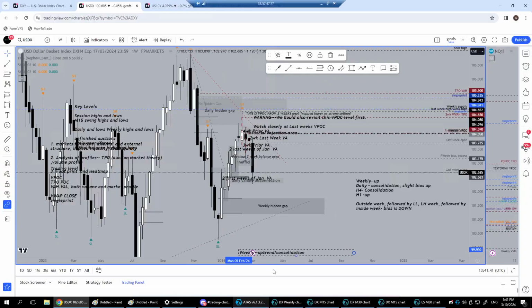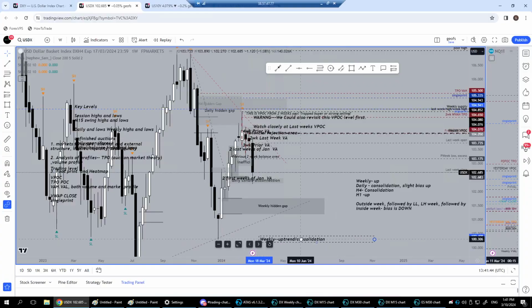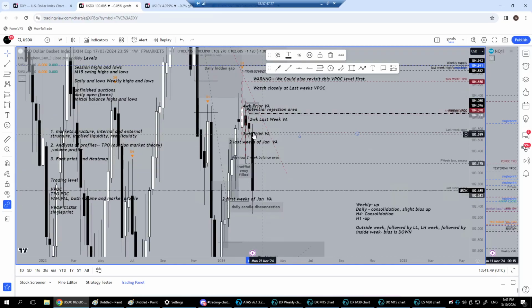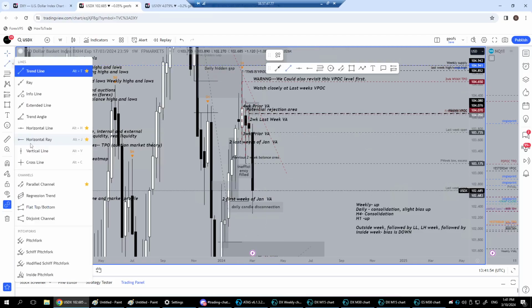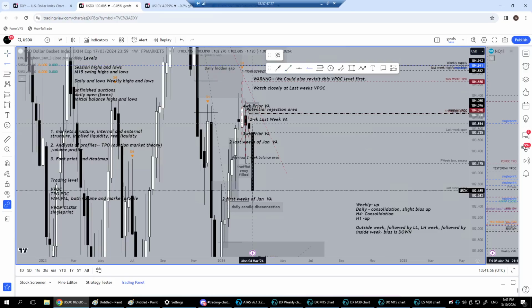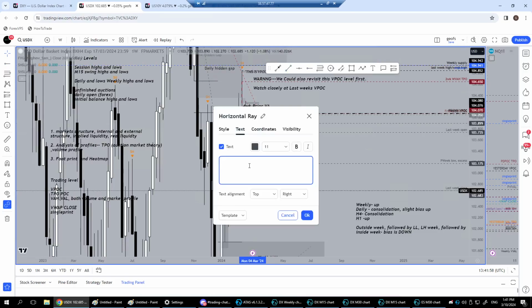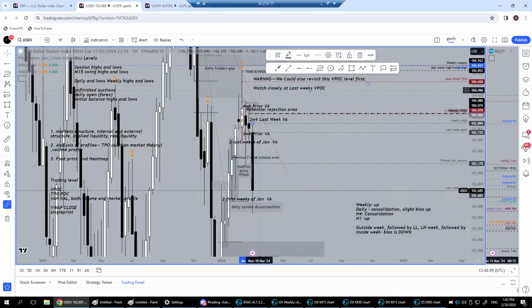So anyway, weekly kind of in an uptrend consolidation. We've noticed this weekly hidden gap. I've noticed the weekly open, the weekly close, and we should also note the weekly high and low as well. So yeah, this is a long, arduous, tedious process. I'm not going to apologize for that.